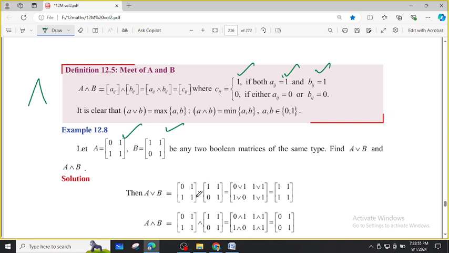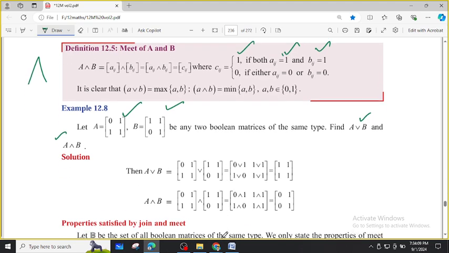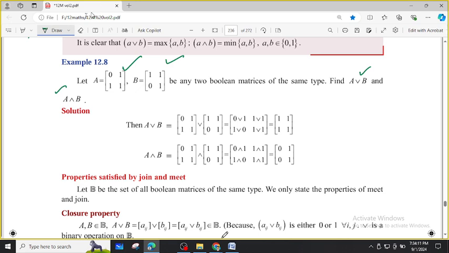Now we are going to talk about the join matrix and meet matrix for these Boolean matrices. What is your A matrix? A matrix is 0, 1, 1, 1, and B matrix is 1, 1, 0, 1.